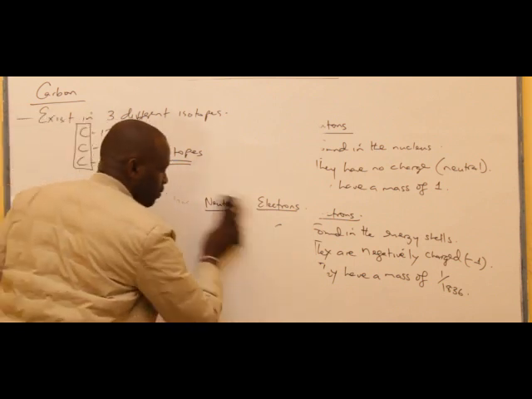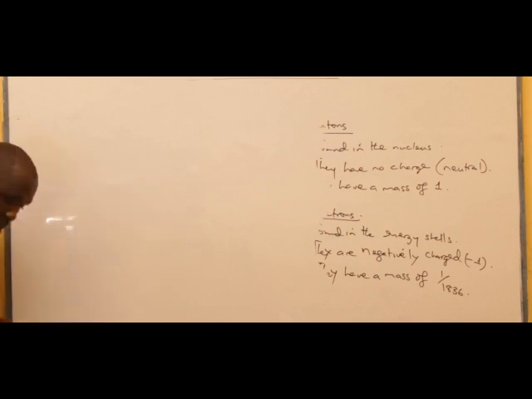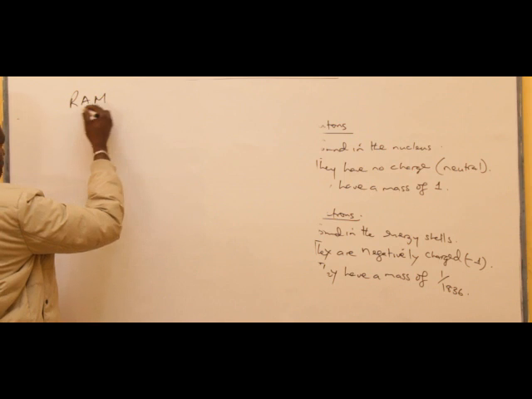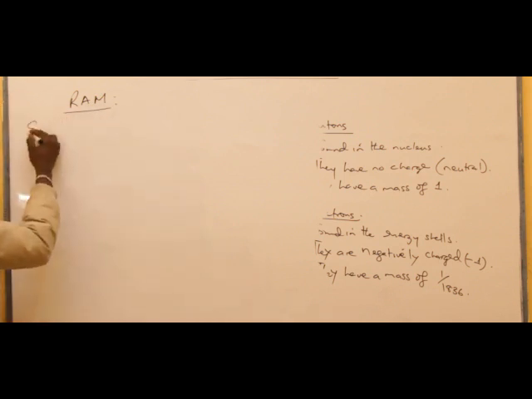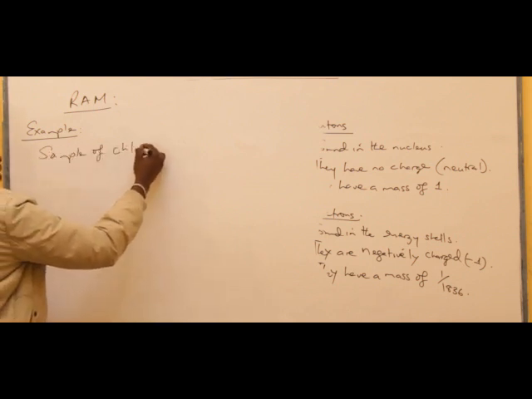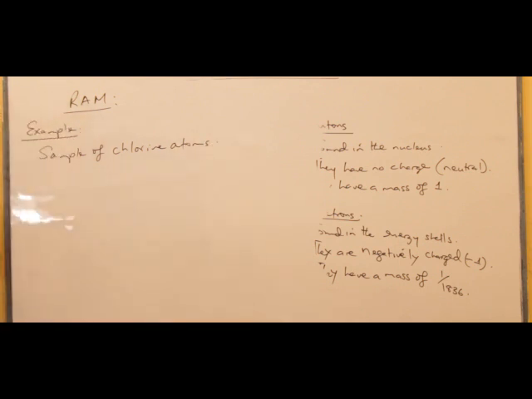So we go back and finally finish the topic by checking how to calculate the relative atomic mass. We can give an example. We can be given, for example, a sample of chlorine atoms.